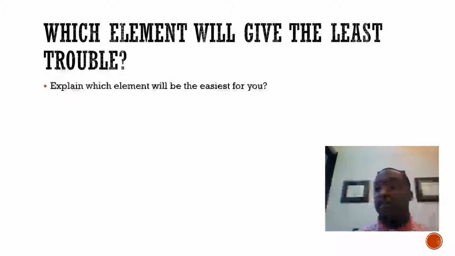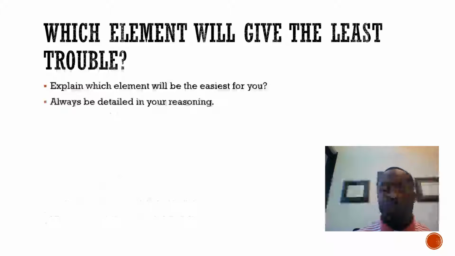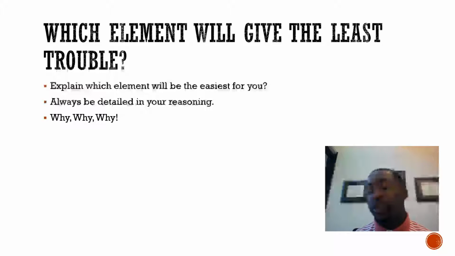I don't want to give you the answer, but figure out which one will be easiest for you. And you always want to be detailed in your reasoning and explain why. So for instance, if I thought the writing element is going to be difficult, if I'm a struggling writer, that's what I would list, and I would expound upon why I stated that.